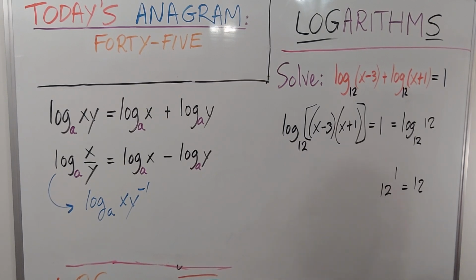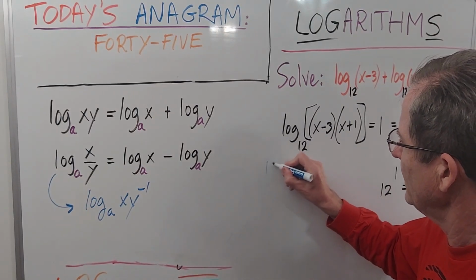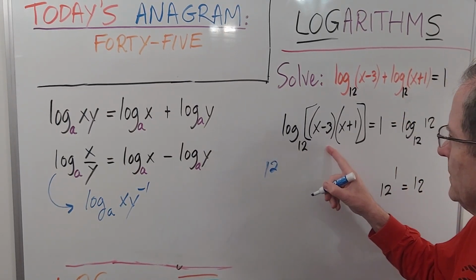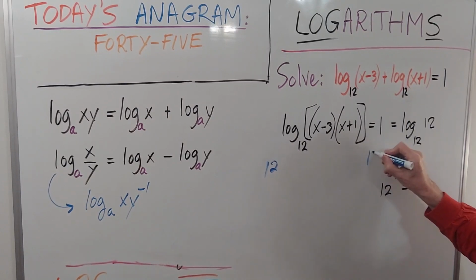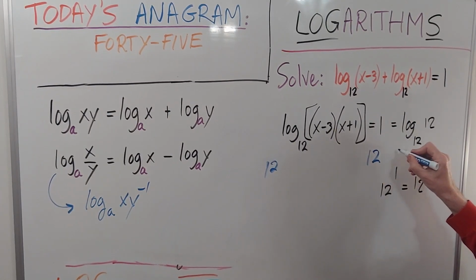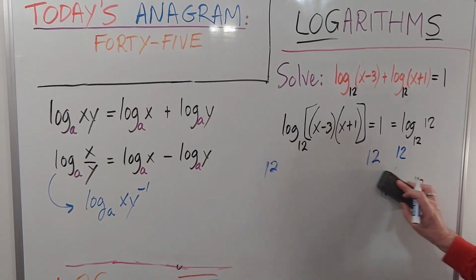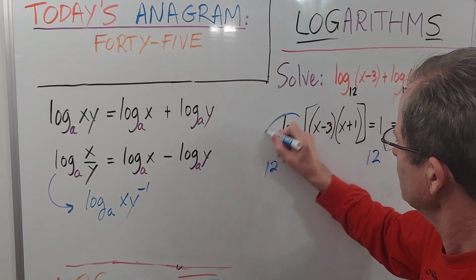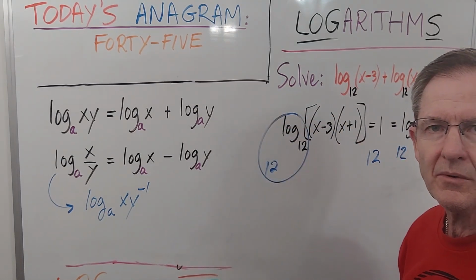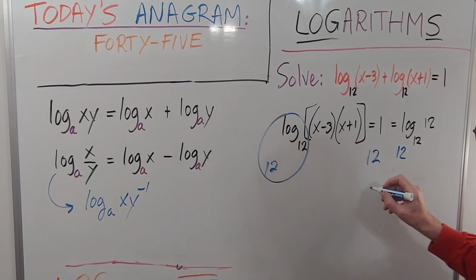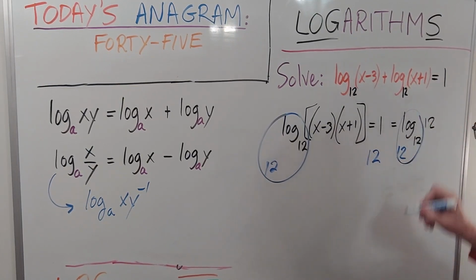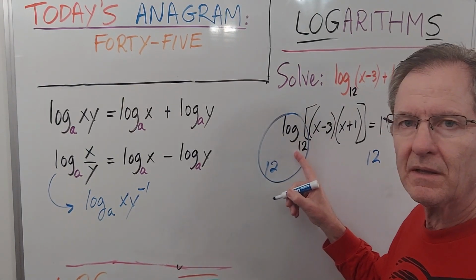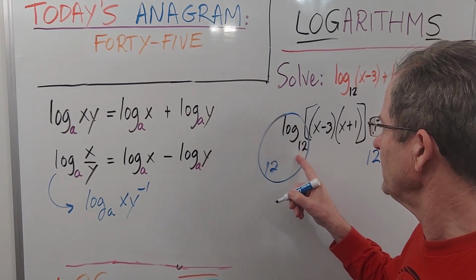Now, how do I proceed from here? Well, one thing I can do is I can raise 12 to each of these three equalities. So 12 to that equals 12 to the 1, which equals 12 to that. And then you can realize that those cancel, that's just 12, and these cancel because 12 to the something is the inverse operation of log to the base 12.